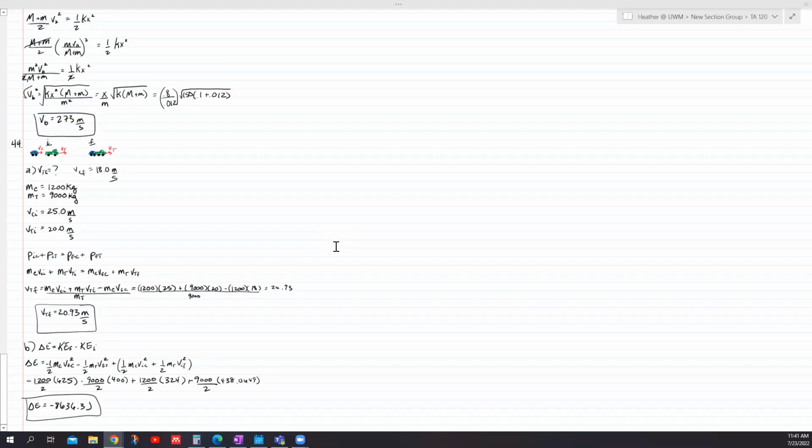Using conservation of momentum, because there's nothing in here that's friction, air resistance, we're going to neglect those and say everything is, let's say, kosher. And we've got M_C V_Ci plus M_T V_Ti, because P equals MV, equals M_C V_Cf plus M_T V_Tf.